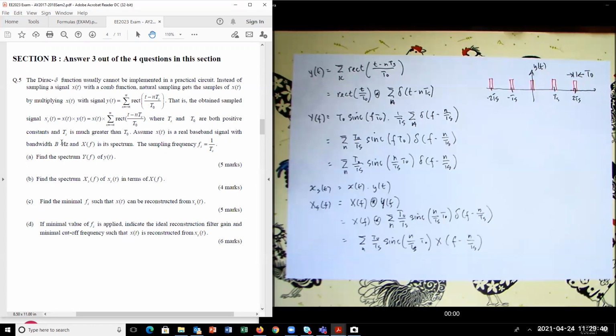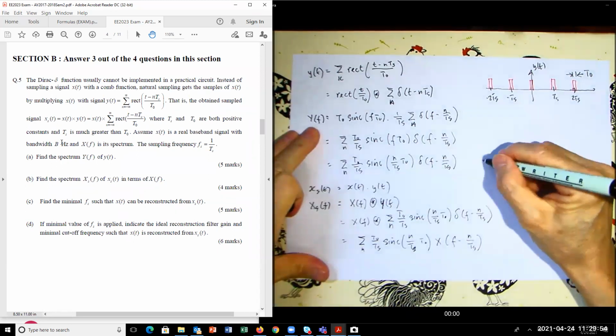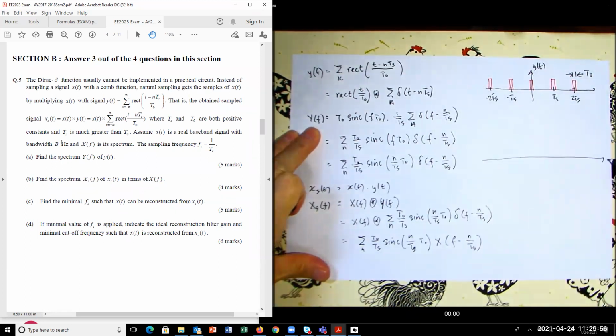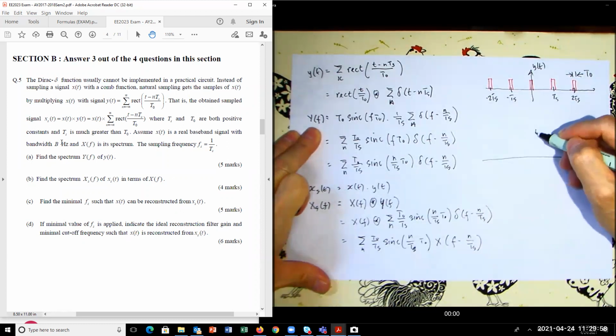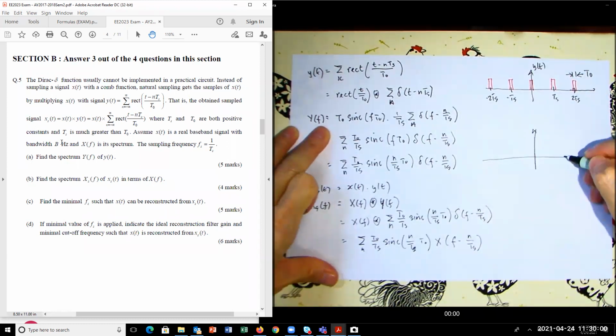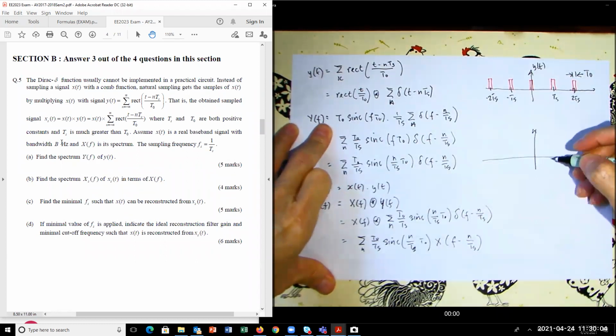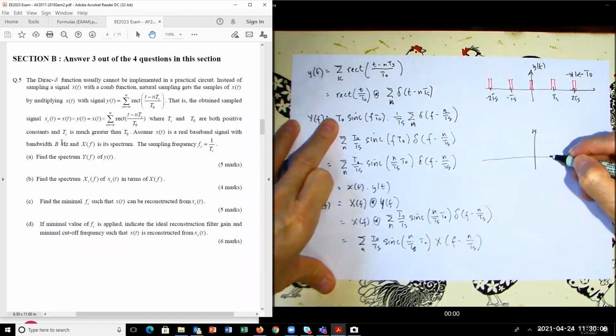Okay, so to give you some insight as to what has actually happened, if you were to plot this XS out, it would look something like that.